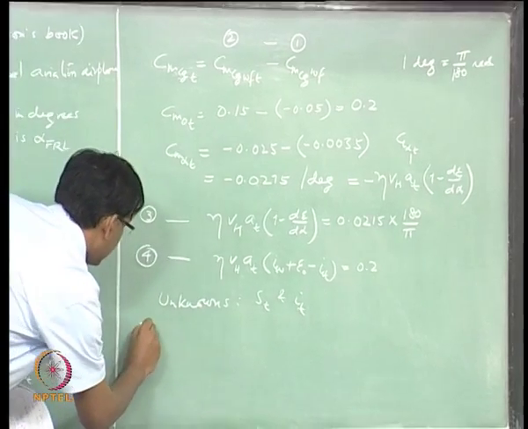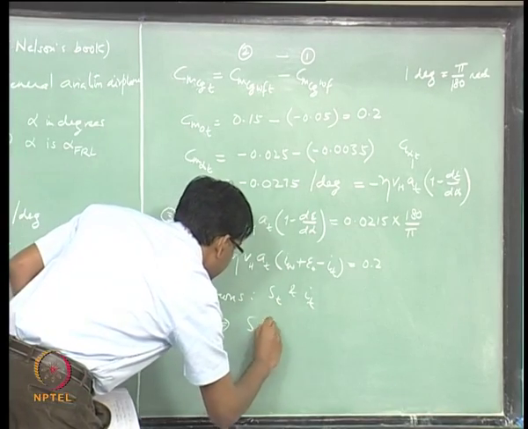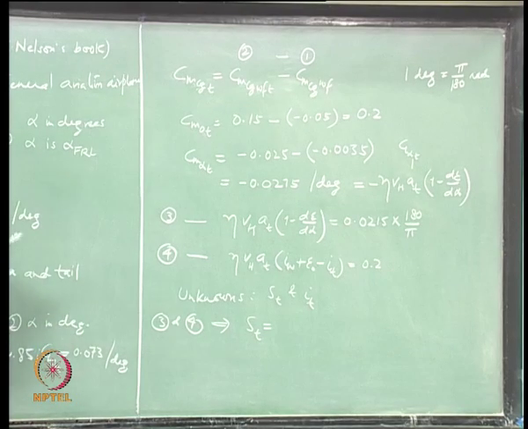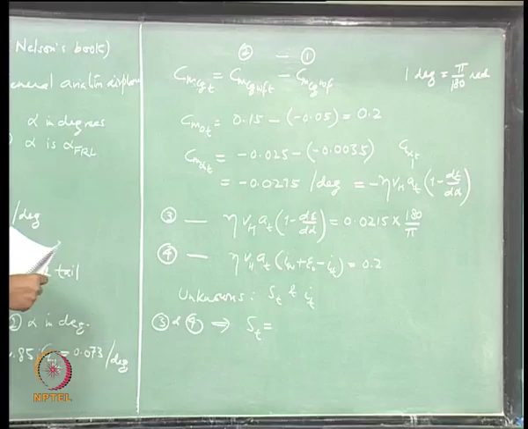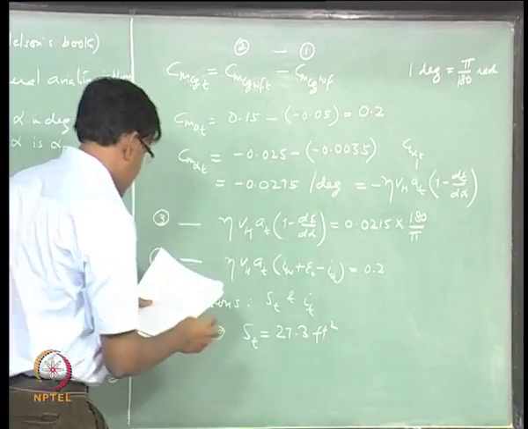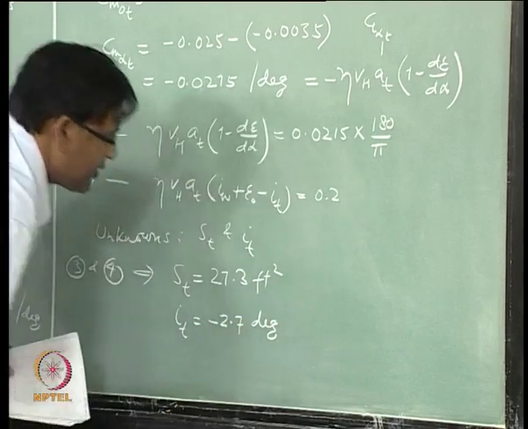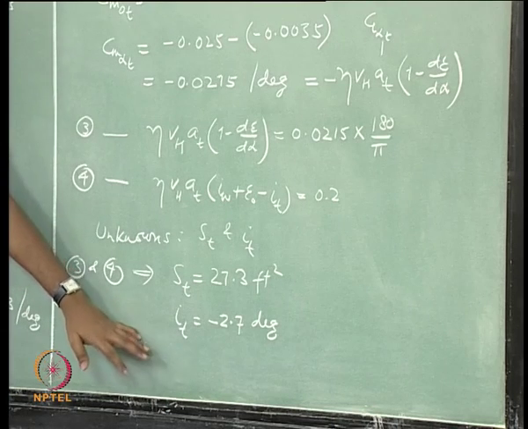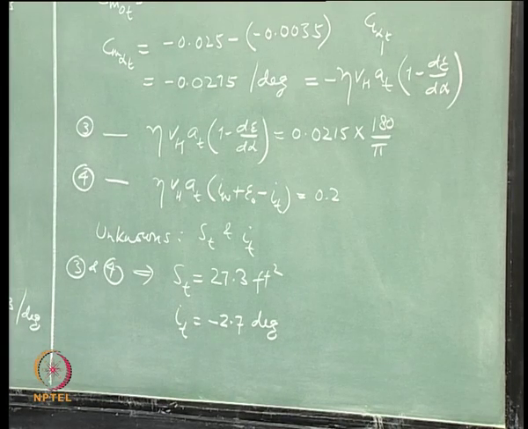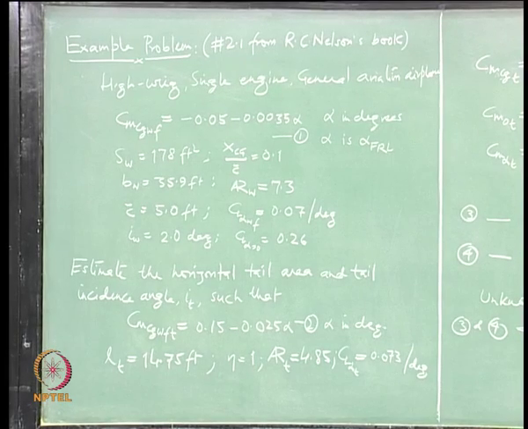So, using 3 and 4, you can find out the tail horizontal tail area, which is now this tail setting has to be negative, okay, if you want to achieve CMCG wing fuselage tail combination to be this, right. Is that clear?